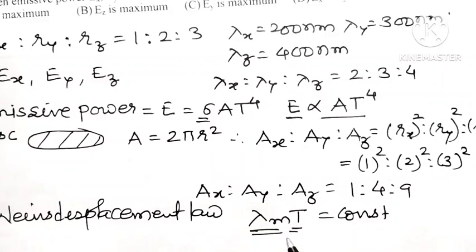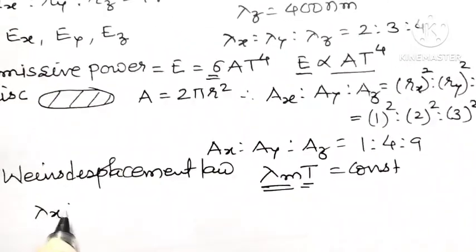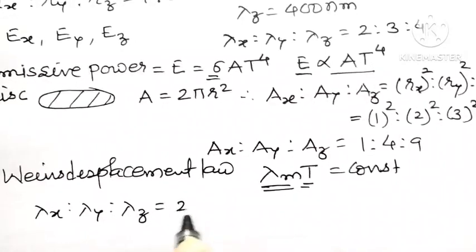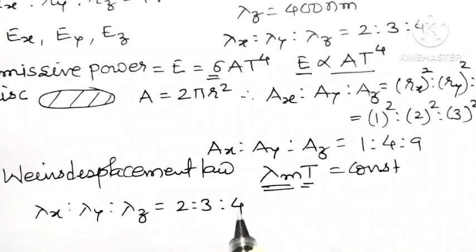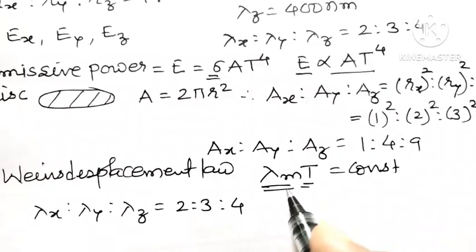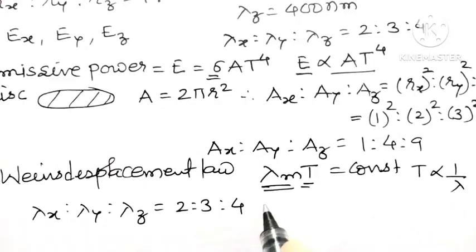We know that lambda x as to lambda y as to lambda z is equal to 2 as to 3 as to 4. So as lambda m into T is constant, it means that T is inversely proportional to lambda.